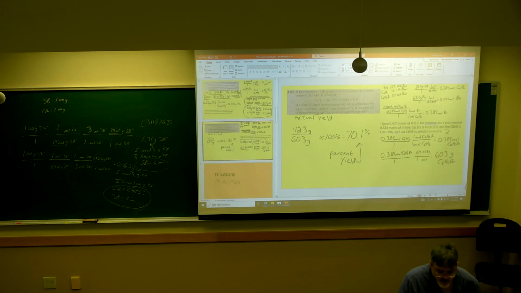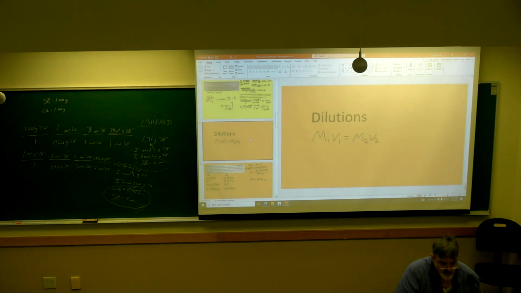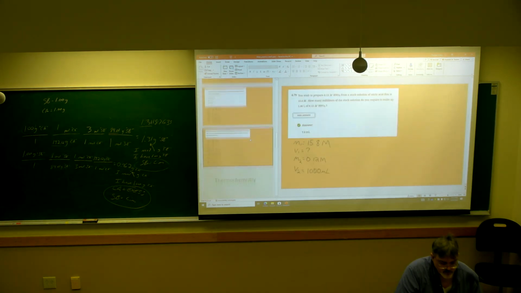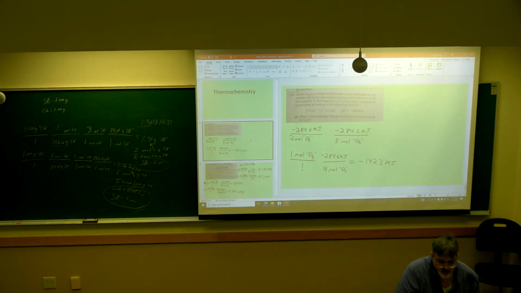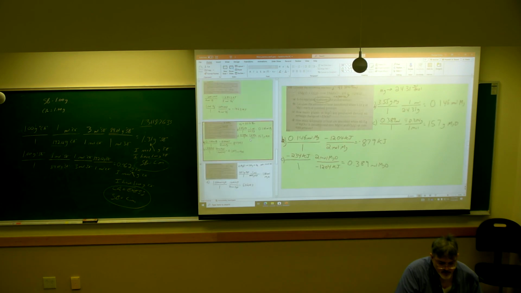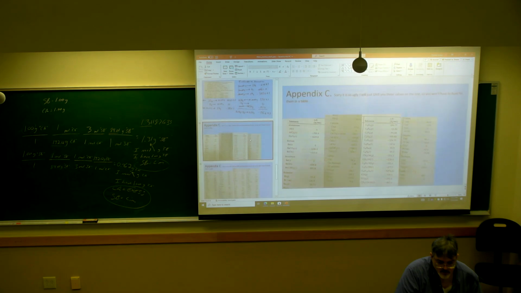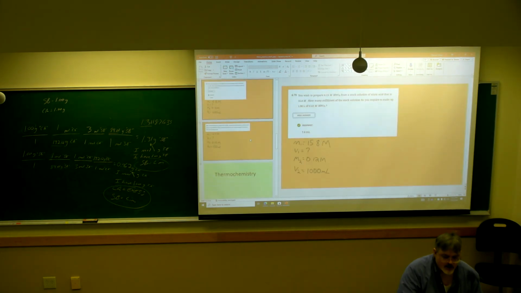I got these out of some book last summer, not the book we have. We'll do this stuff on dilutions for the next test. Those are the things I was trying to come up with. But this is just where we'll start for the next test. So I'll give you this PowerPoint, but you only need the limiting reactant stuff from it. A few more problems to use for practice.